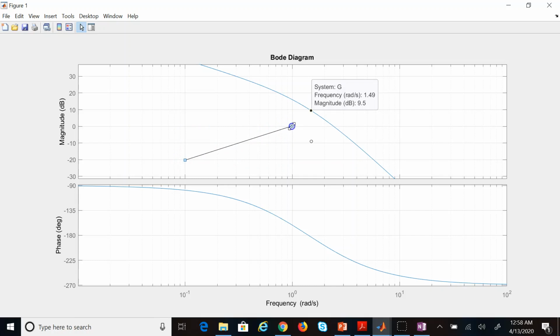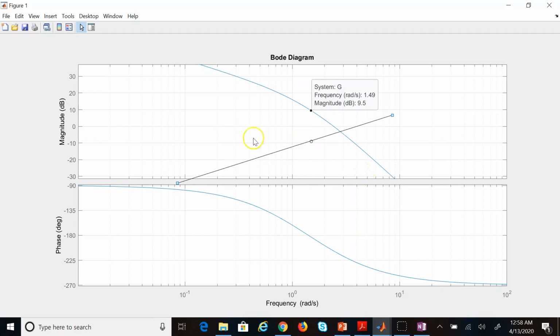So this guy here has positive 20 decibel per decade, and I make this longer, so I go 2 decades and 40 decibel. That has the same slope. And now I make this line pass through this point, like this.